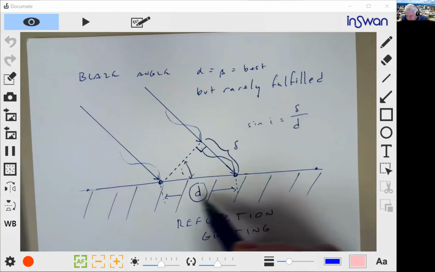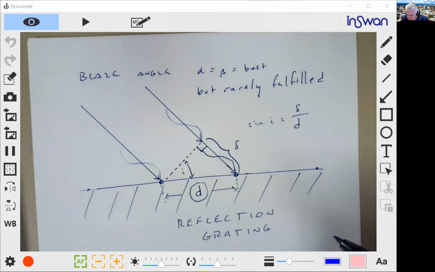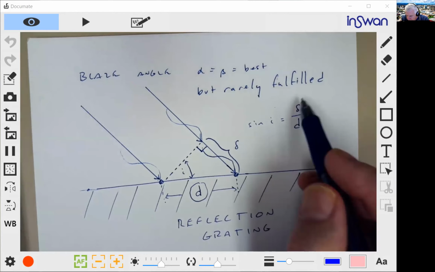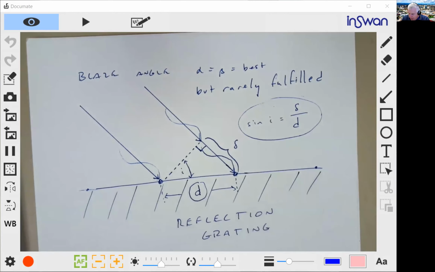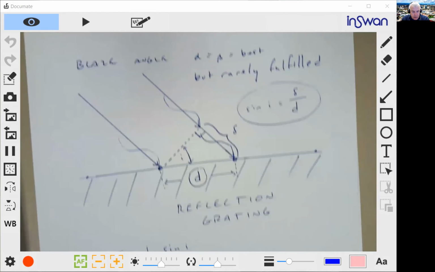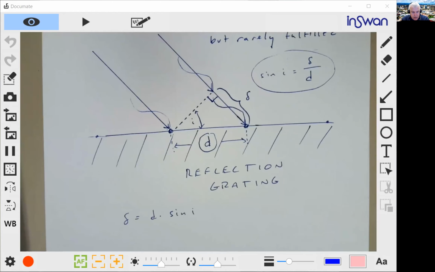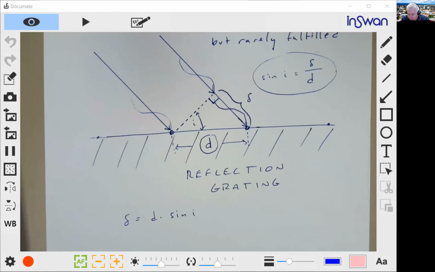I don't really want to complicate this diagram too much because it's already super busy. But let's take this guy here, and I'm going to say delta is equal to D times sine of I. Delta is D sine I.